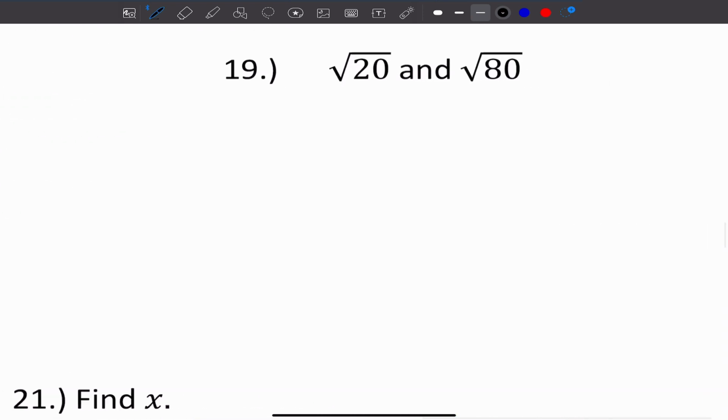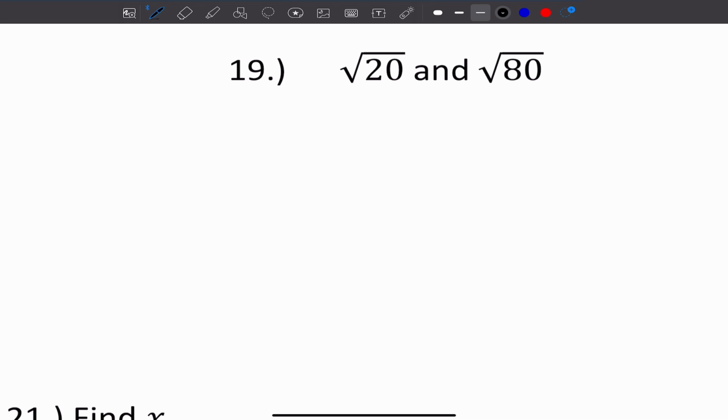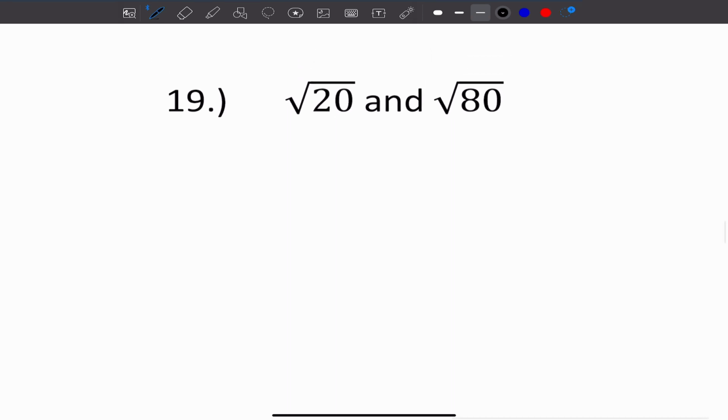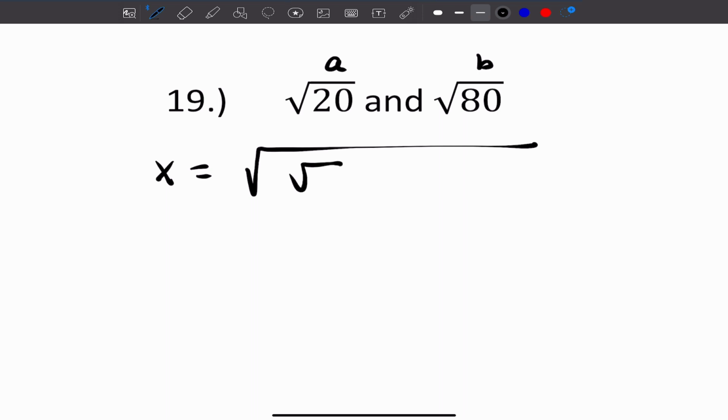Okay, I have 19. So this is weird because we have the square root of 20 and the square root of 80. So I'm going to call square root of 20 A, and I'm going to call square root of 80 B. So I have x equals the square root of square root of 20 times the square root of 80.